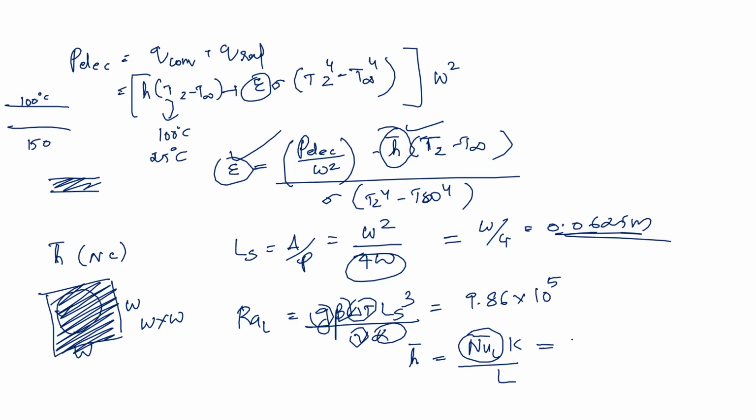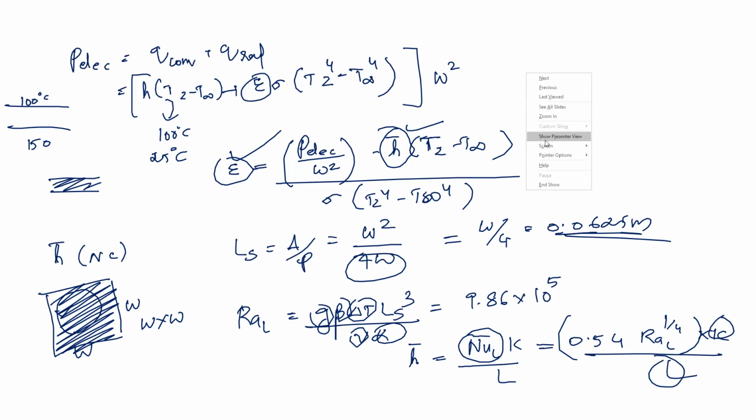Just check with what type it matches. So the correlation is 0.54 Ra_L raised to 1 by 4 into k by L. So what is this k? This is k of air. Never substitute the k of the solid we have determined. Okay. Don't make that mistake.